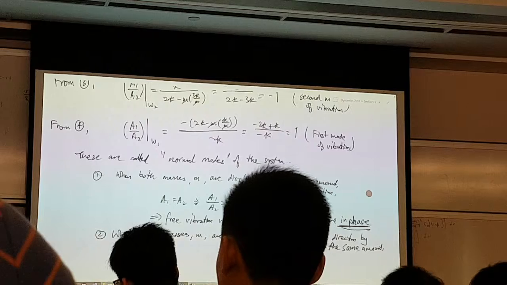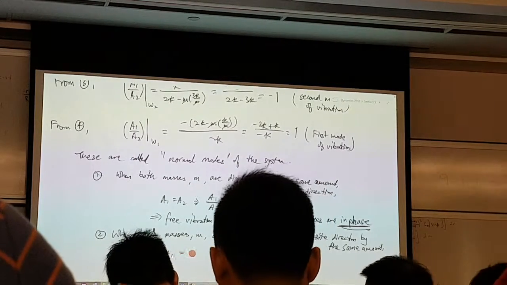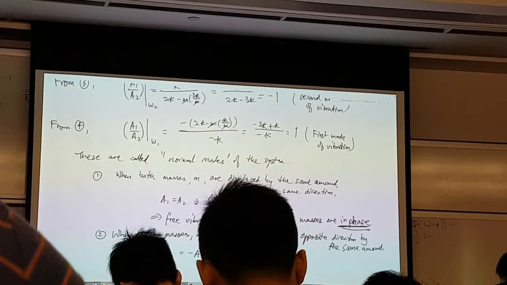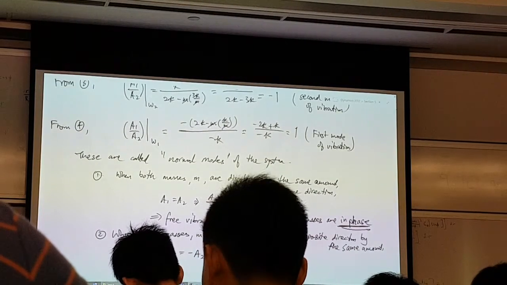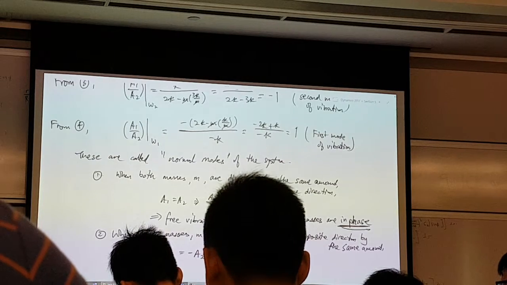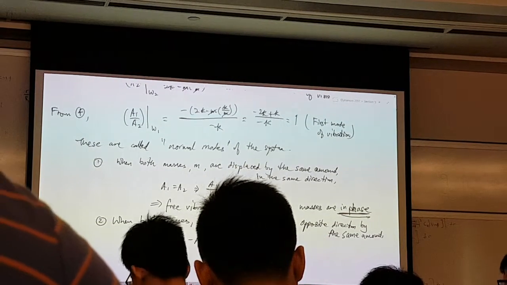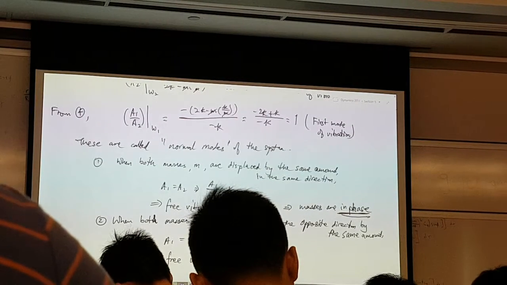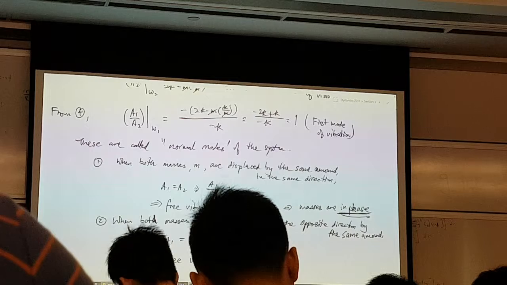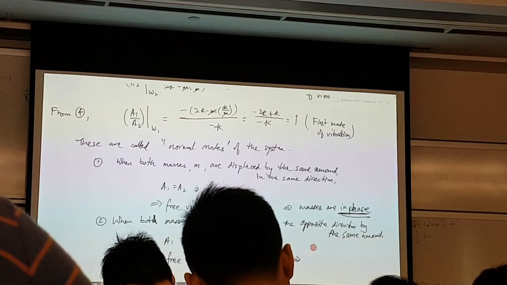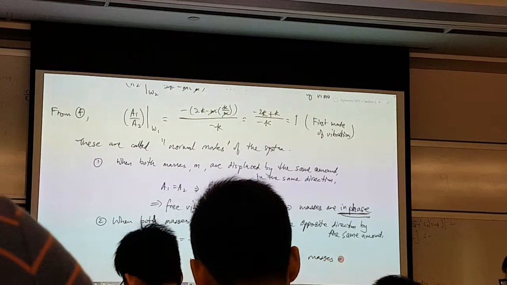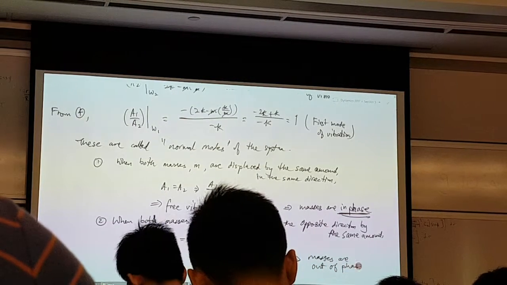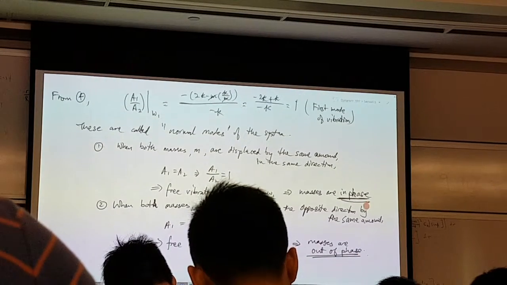In that case, that means your A1 is equal to minus A2. That leads to your amplitude ratio, A1 over A2, equal to minus 1. What that means is that your free vibration will be at omega 2, which means your masses are out of phase.